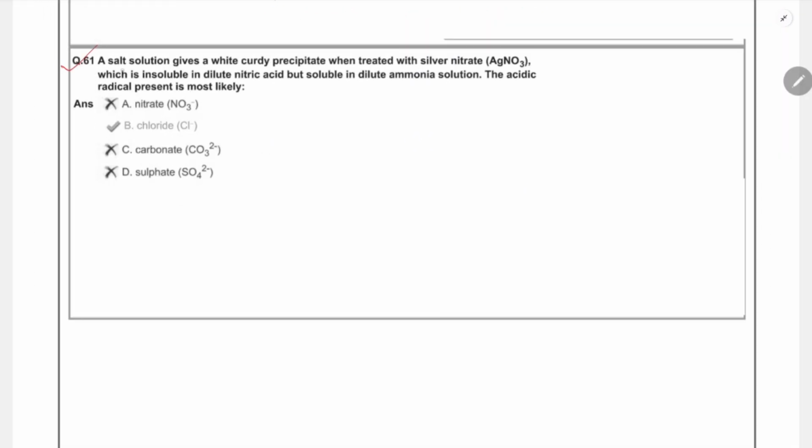The question number 61, a salt solution gives a white curdy precipitate when treated with silver nitrate, which is insoluble in dilute nitric acid but soluble in dilute ammonia solution. The acidic radical present in the salt solution in presence of AgNO3: in presence of chloride, it will precipitate as AgCl, that is a white curdy precipitate.